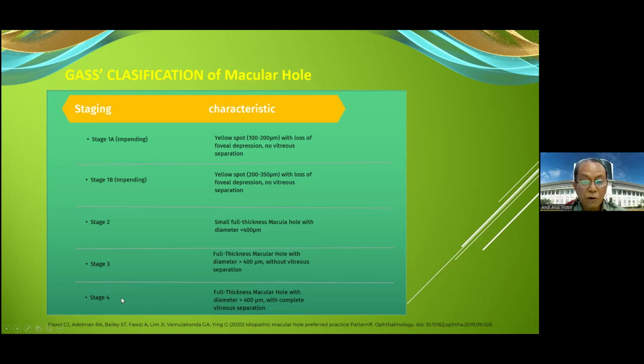And stage 4: a full thickness macular hole with diameter more than 400 micrometers with complete vitreous separation.